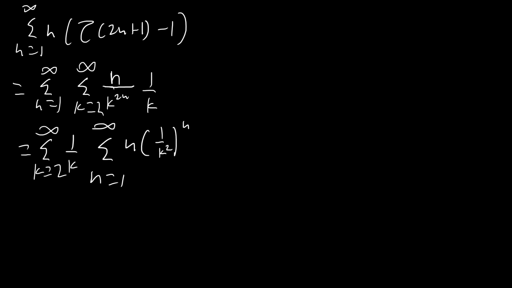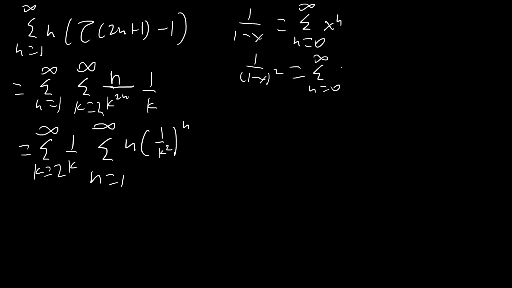If we go ahead and take our geometric series, which is equal to the sum from n equals 0 to infinity of x to the n, and differentiate both sides with respect to x, we can see that this sum is actually really easy to evaluate. I'm just going to multiply on both sides by x. And so in this case, our x is 1 over k squared, so we can plug that into this sum to figure out its value.